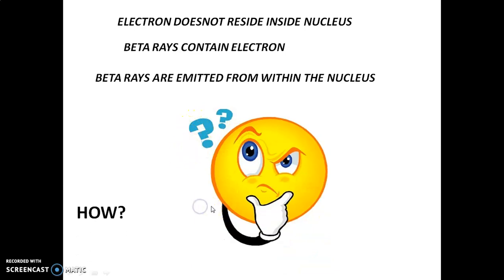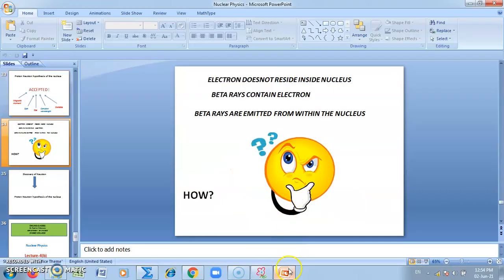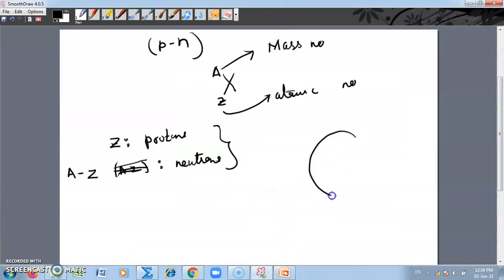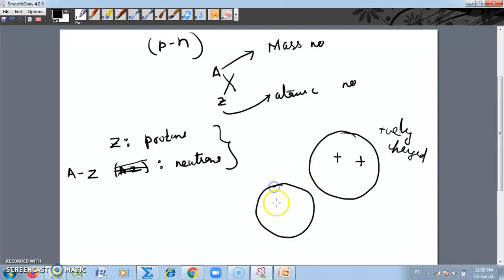Well, how? See, this actually can be said to be the real beginning of nuclear physics. So before this, people used to think that the nucleus is, first people thought it was just a positively charged body. Then people came to realize that yes, we have protons which are positively charged particles and neutrons which are uncharged particles.